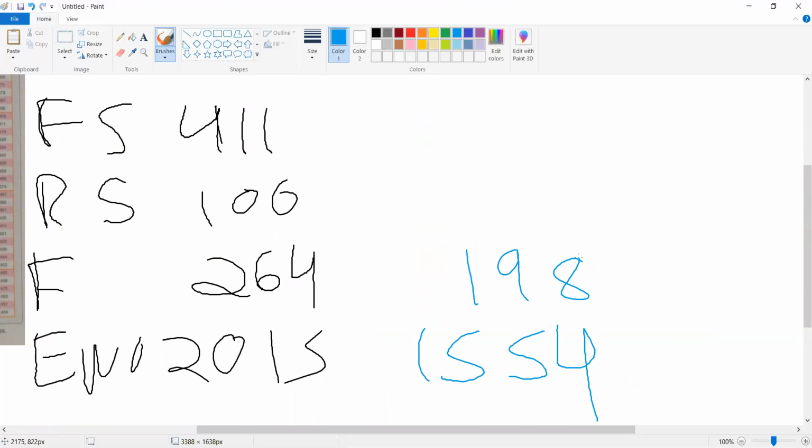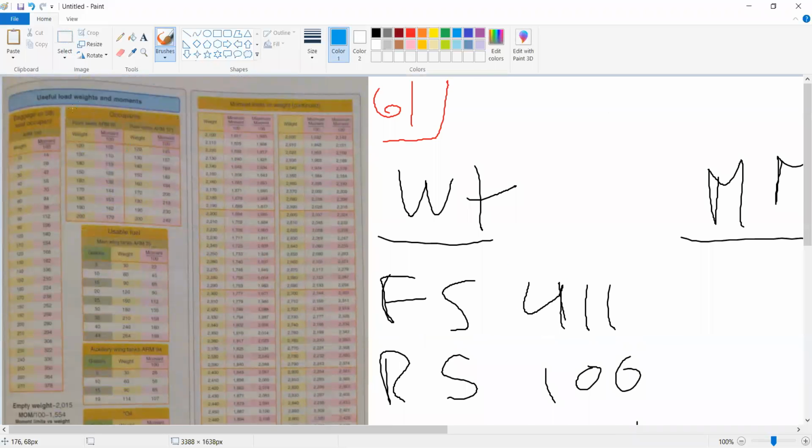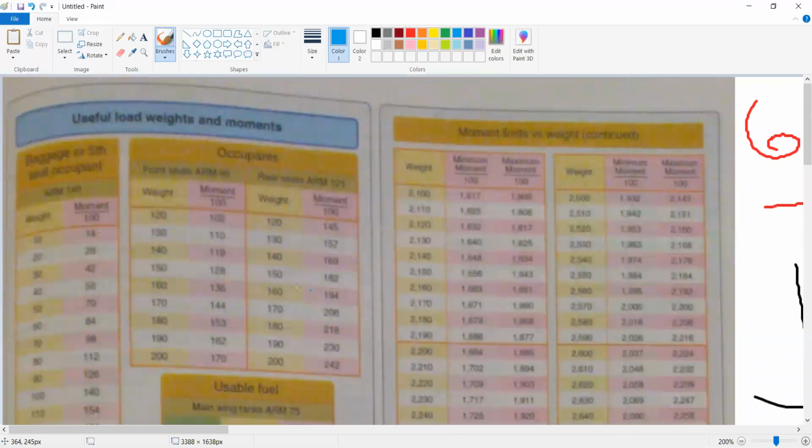Let's go up. Rear seat. Rear seat is 100. Let's see, if that's the rear seat occupants, all right. Make that larger. Rear seat. Unfortunately, that is not given for the rear seat. So we have to multiply by 121 and divide by 100.